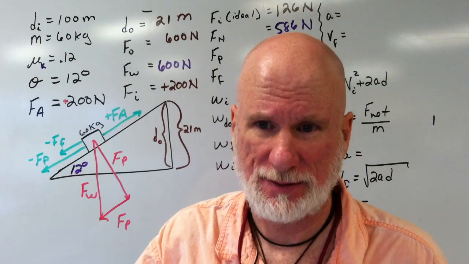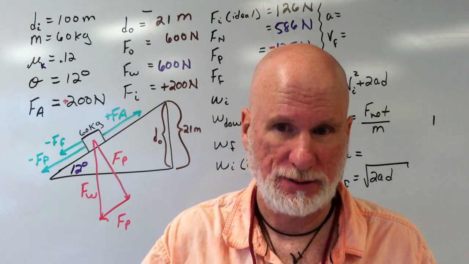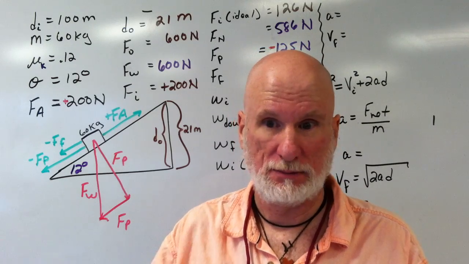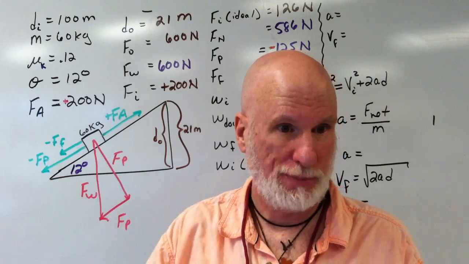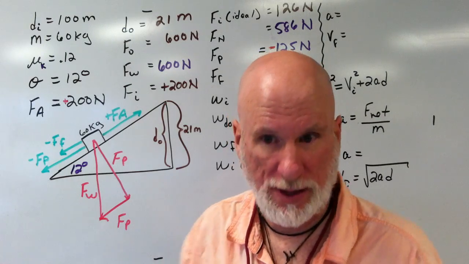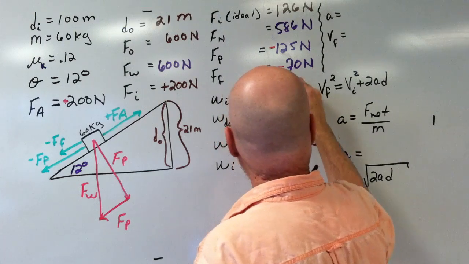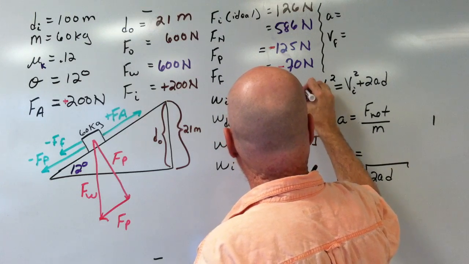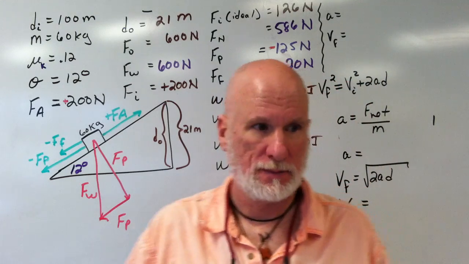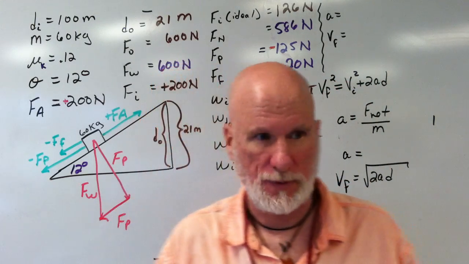That's absolutely correct. Why? Because 200 FA times 100 meters, which is DI, FI is FA, is 20,000 joules. Okay? You with me? You sure? Okay, good.